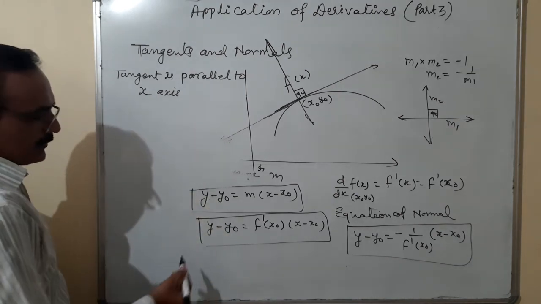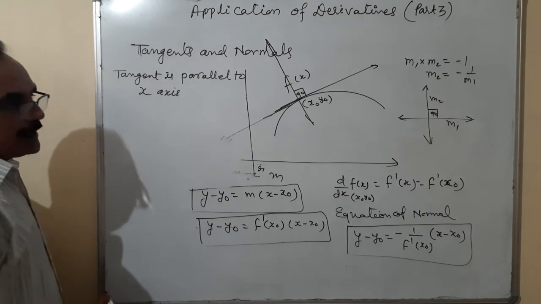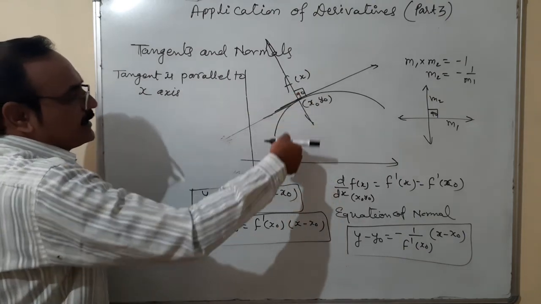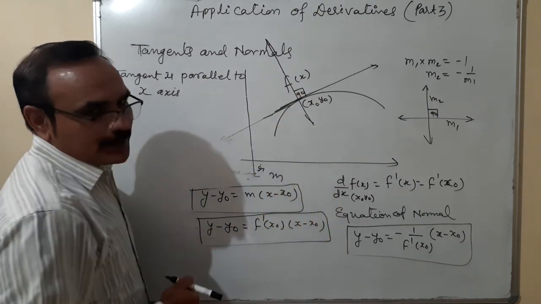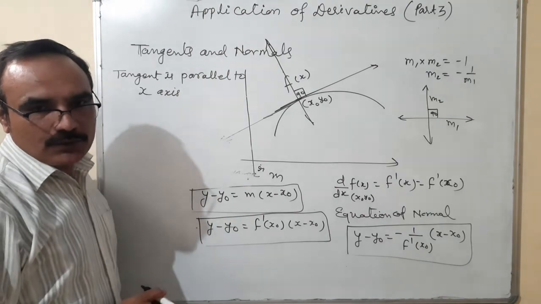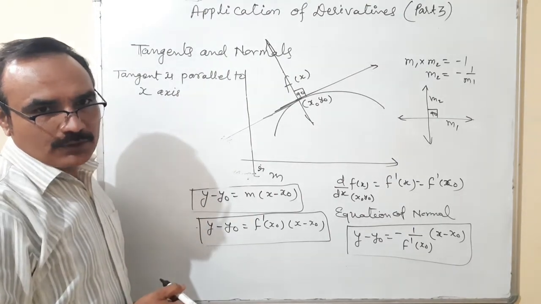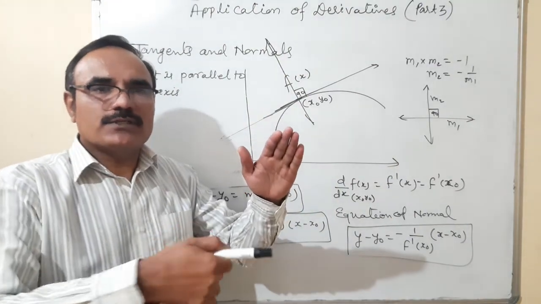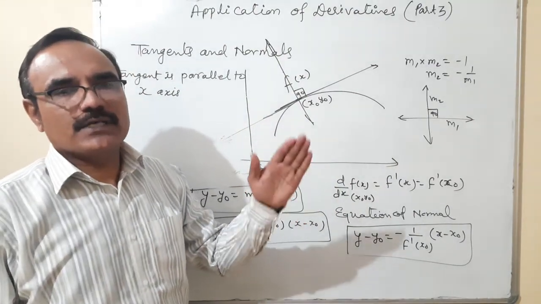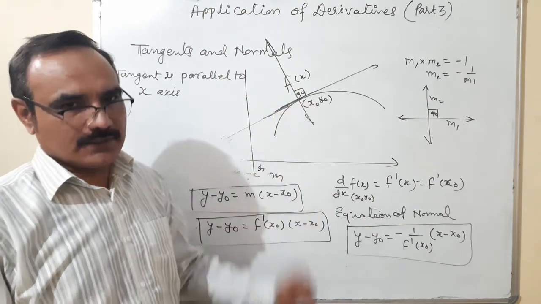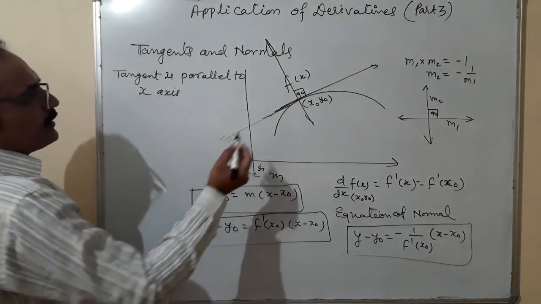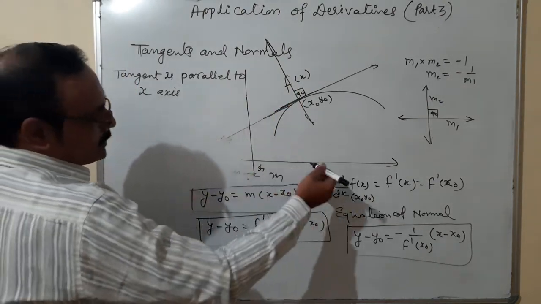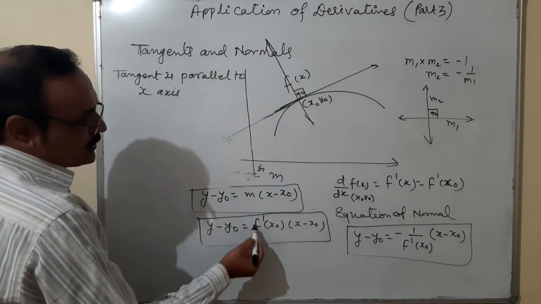If this tangent is parallel to the x-axis, what does it mean? The slope is 0. Slope is 0 because tan theta is the angle which it makes with the positive side of the x-axis. So if the tangent is parallel to the x-axis, this term f dash x0 is equal to 0.